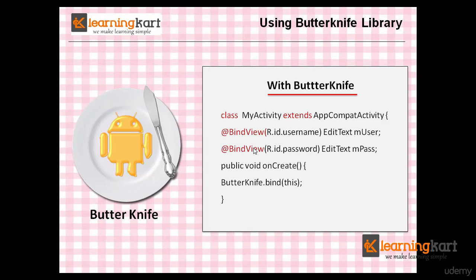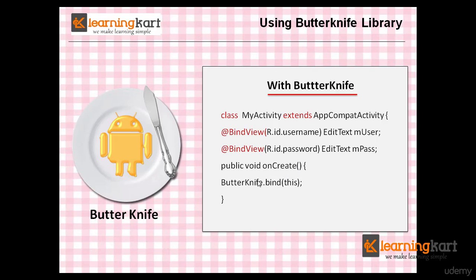For booleans, say BindBool; for a drawable, BindDrawable; for a string, BindString; for an array, BindArray. So we have a number of annotations for different data types. You pass in the ID that you refer to in the UI, and the corresponding reference variable that you allocate within the activity.